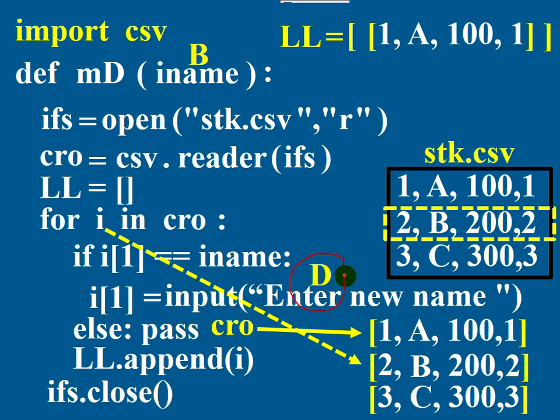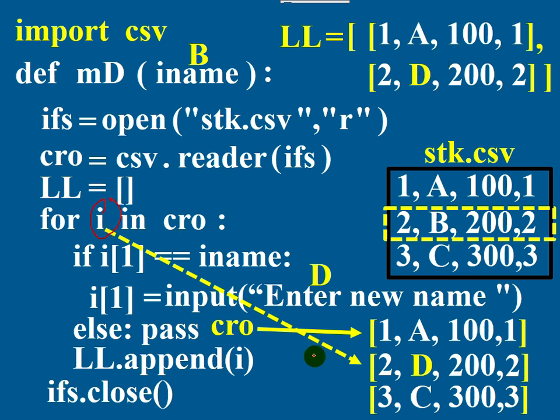Example taken D. And that should be assigned to i[1]. i[1] is this memory location. So here the new item name will appear. And the new list, the new row, is appended to list LL. So now LL will contain the new list. You can see the new item name comes.